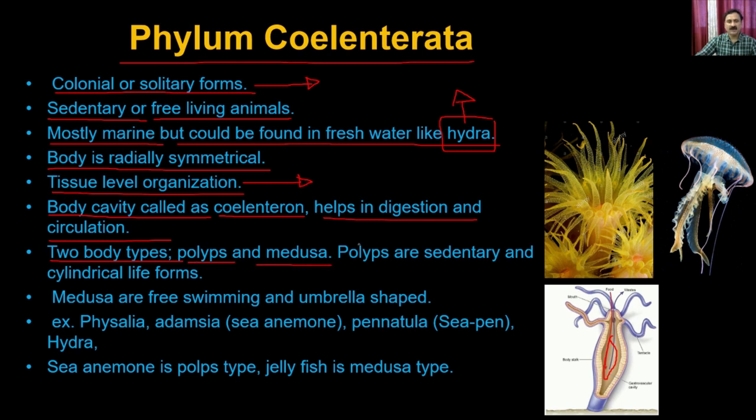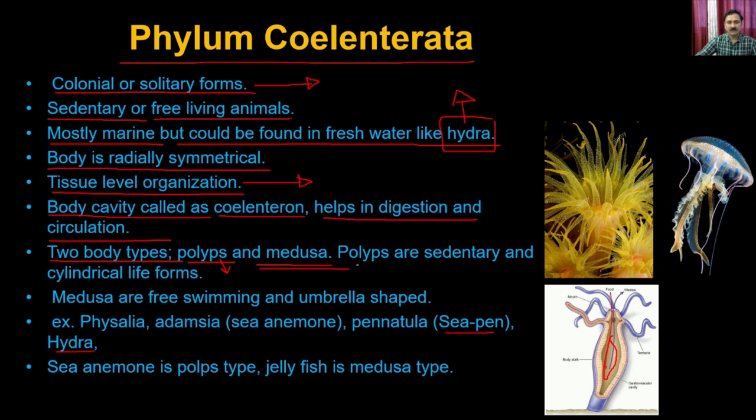What is meant by polyps is, the classical example is the sea anemone, which is attached to some surface, like rocks or the bottom of the ocean, whereas the medusae are free flowing, and the classical examples are the sea pen or the hydra.